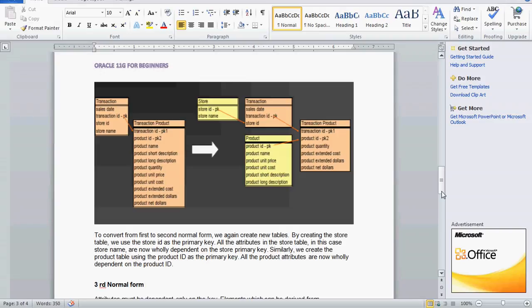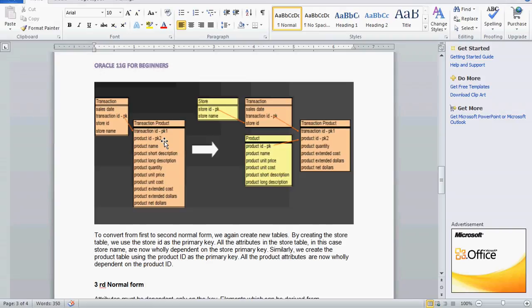Here the store name is not dependent on this transaction ID. Here store name is dependent on this store ID. Here this product name and description are dependent on the product ID, not on the transaction ID. It is the combined primary key. So we need to separate it into different tables so that we can achieve the second normal form.